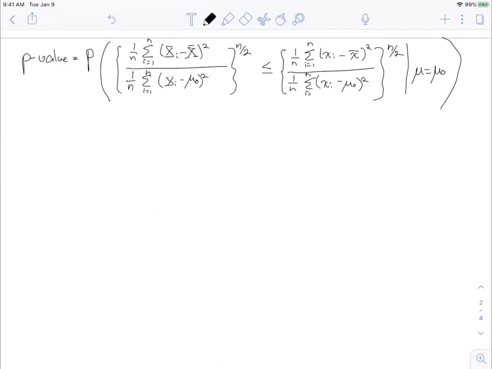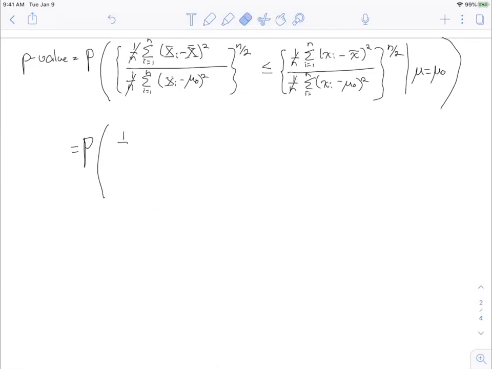So I want to calculate this probability, and the first thing that I want to do is get rid of these exponents. So I'm just going to raise both sides to a power of 2 over n so that the exponents cancel out. And I guess I can also cancel out these 1 over n's as well.